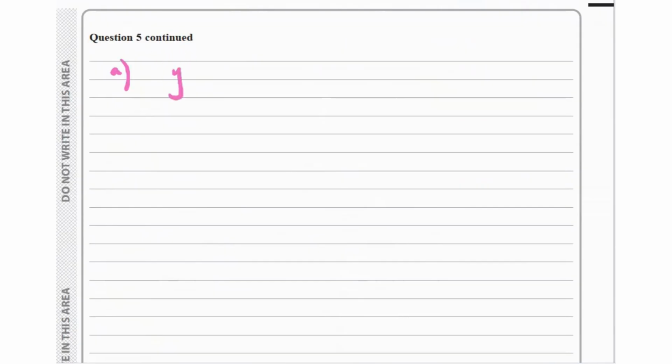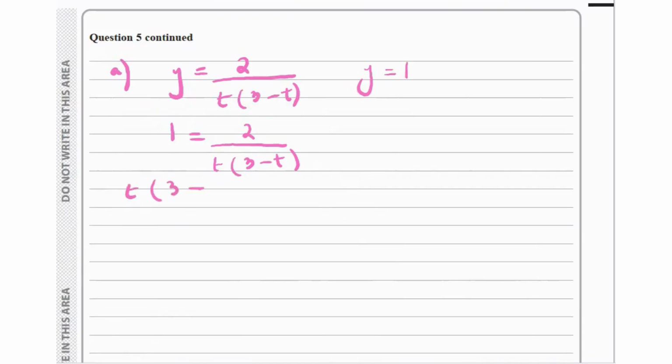So 2 over t times 3 minus t, cross multiply, t times 3 minus t equals 2. 3t minus t square equals 2. Bring everything on the right hand side. T square minus 3t plus 2.